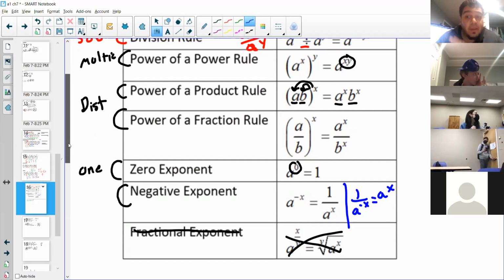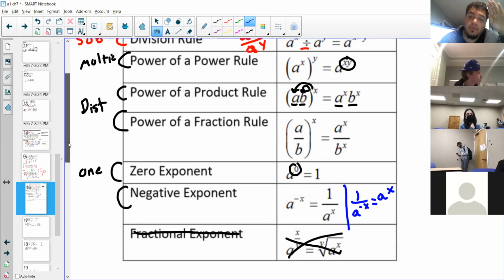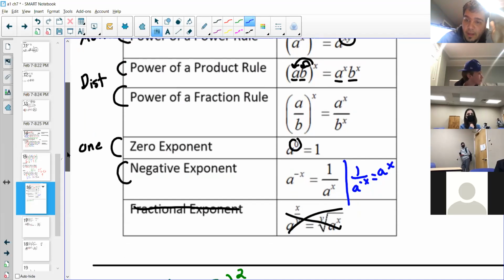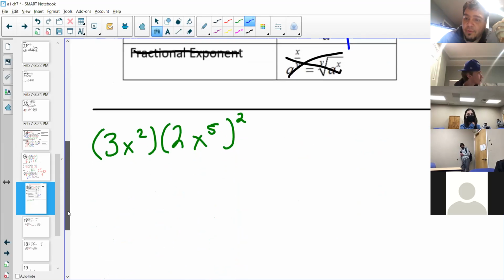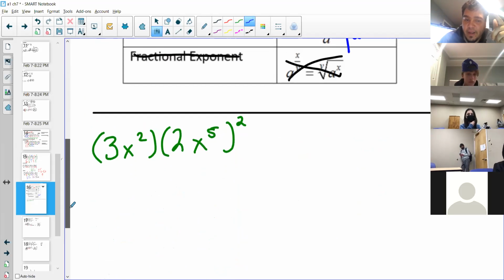So those are the rules that we went over in detail before the break. I want to go over 2 problems, so if you have to write anything down, write these down.